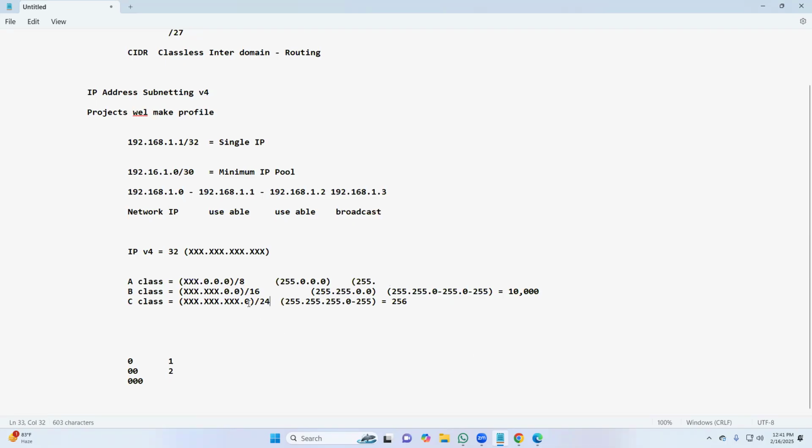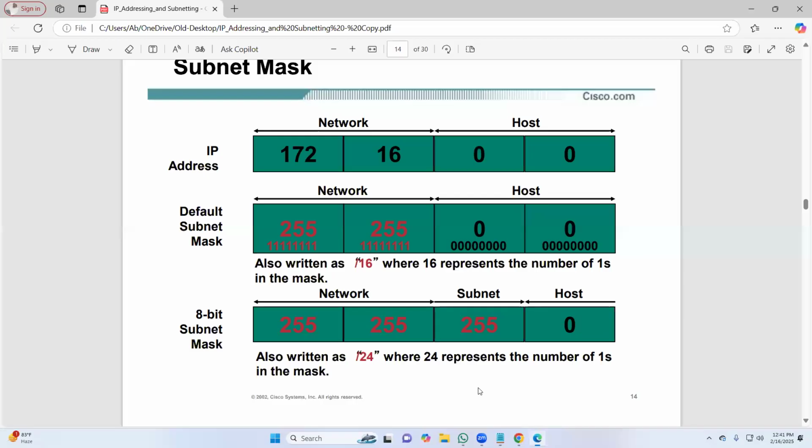This class we always use on the cloud VPC pool also. Class B and C. And you can see here also, this is the A class subnet, this is B class, and this is the C class, /24, /16, and this is the /8.